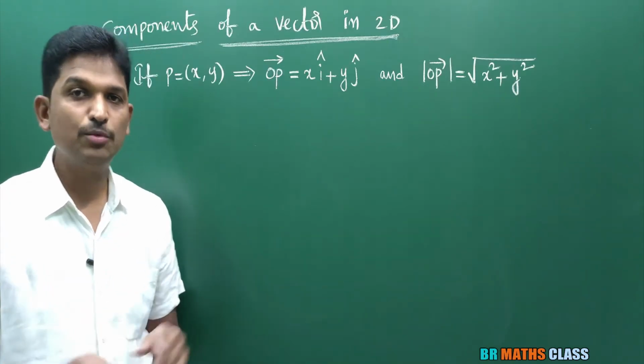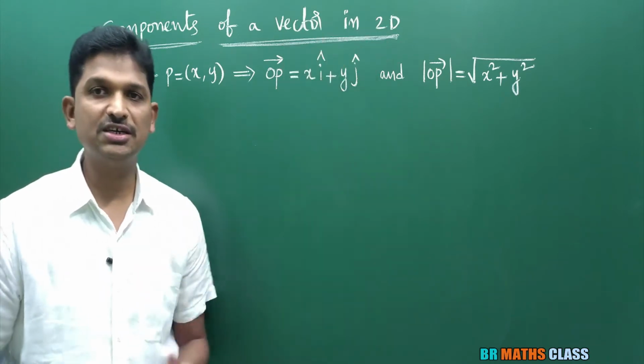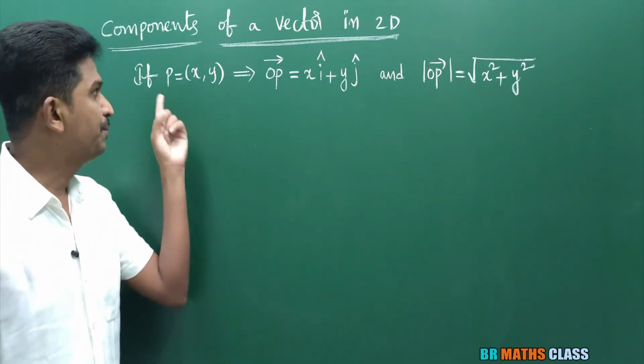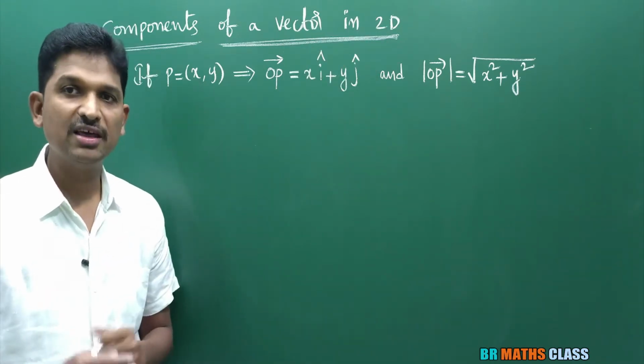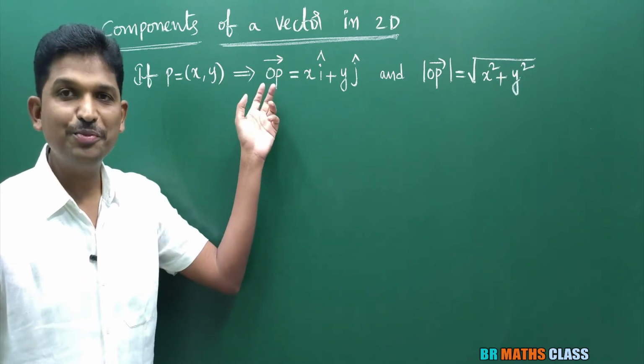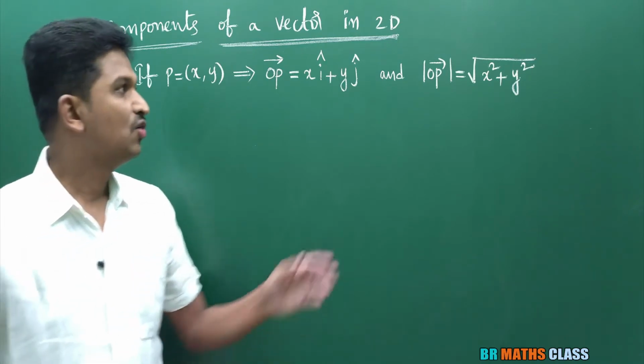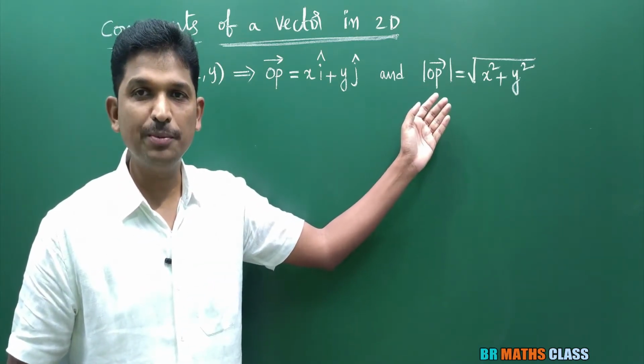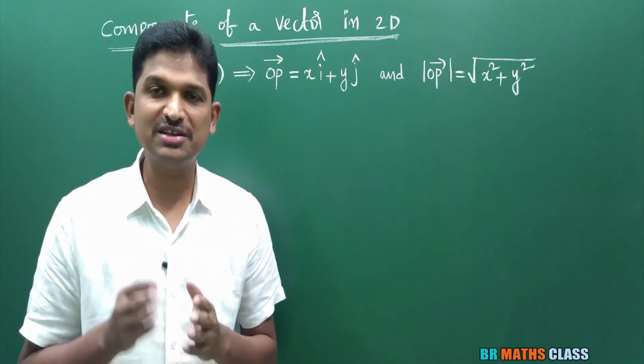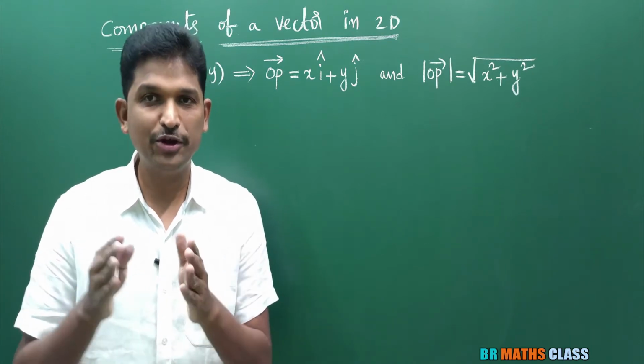Now we will learn about the component of a vector in two-dimensional geometry. If P is equal to x comma y, then we write OP bar as x i cap plus y j cap, and we write the magnitude of OP bar as root over x square plus y square. This we are going to learn now.